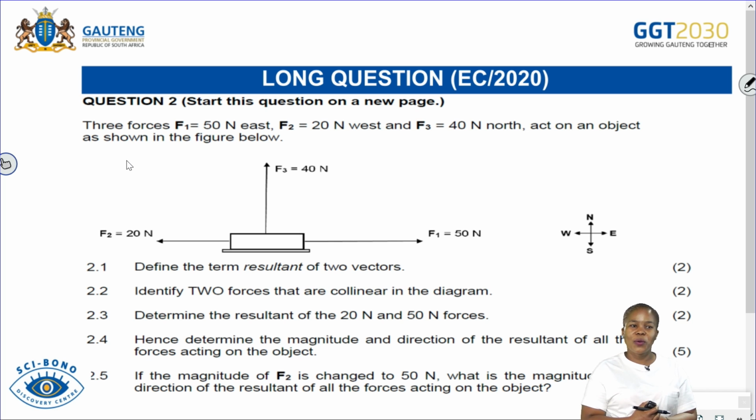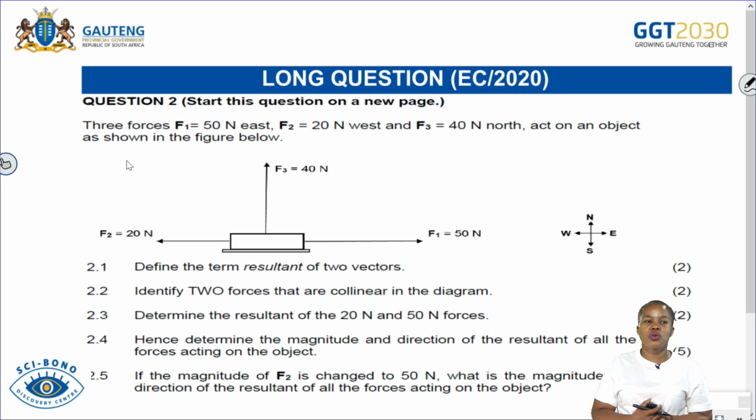Now, let's look at the long questions, still looking at the two papers, the Eastern Cape paper 2020 as well as the National Senior Certificate of 2017. It says three forces: F1, which is 50 newtons to the east. Let's look at our F1 right over there.